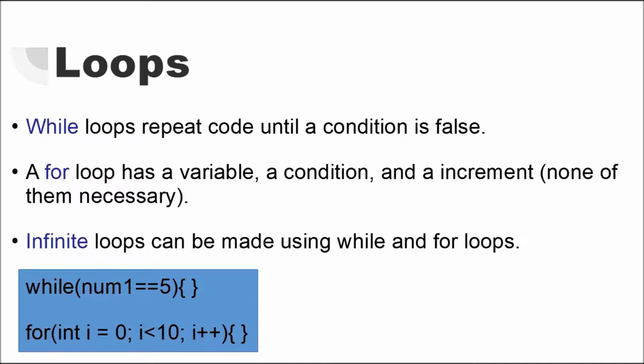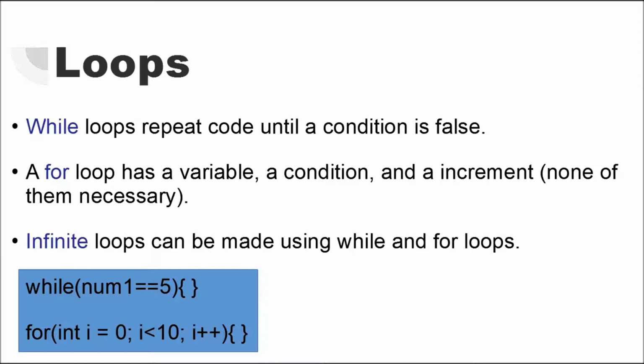Now quick note, whiles sometimes won't run at all. If num1 equals 5 is not true in the first place, it will just skip the while loop and all of its code entirely. Which means that if you want to run at least one time, you can use a do while, where you add a do and put the while condition check at the bottom. However, those aren't very commonly used, and you most likely don't want to use them.